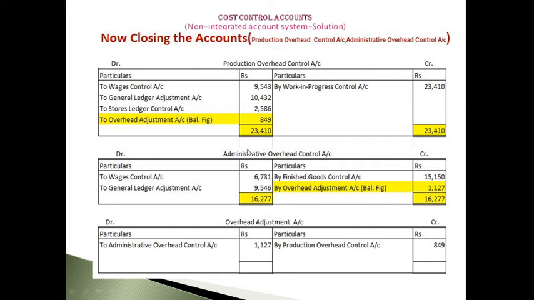And in the administrative overhead control account, the debit side is more, 16,277. It is to be put in the credit side, and there is a balance of 1,127. It is to be transferred to the overhead adjustment account, as to administrative overhead control account 1,127.